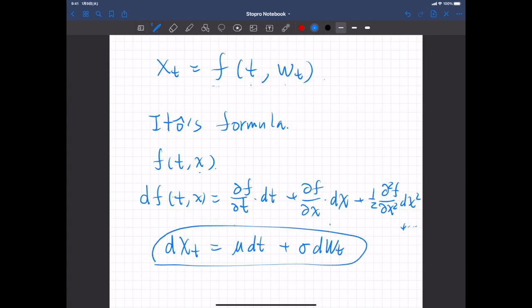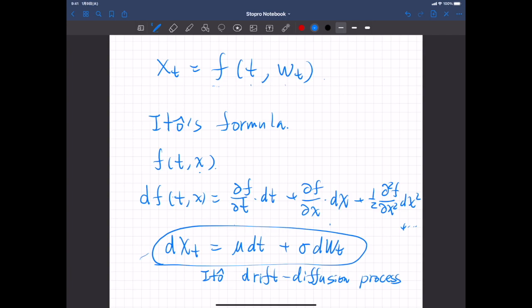By the way, this is called an Ito drift-diffusion process. This is the one we have seen before.